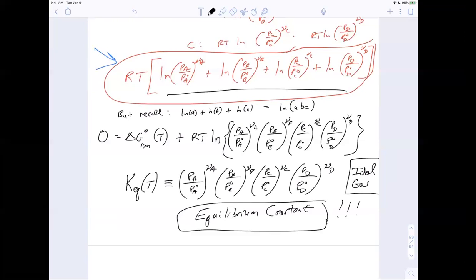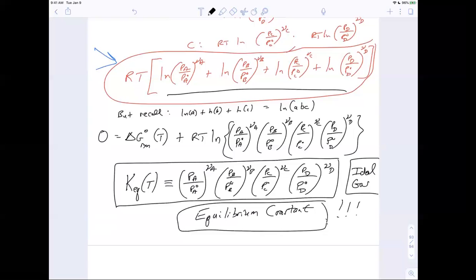This is what the equilibrium constant is for a mixture of ideal gases that are involved in a reversible chemical reaction, at constant temperature and pressure. And the temperature is indicated by T. Any questions? So this is something we just defined, but it comes out naturally from our criterion for chemical equilibrium. It just comes out naturally.